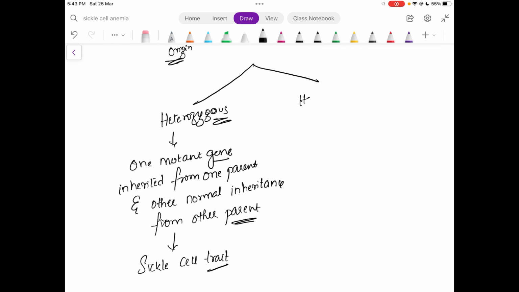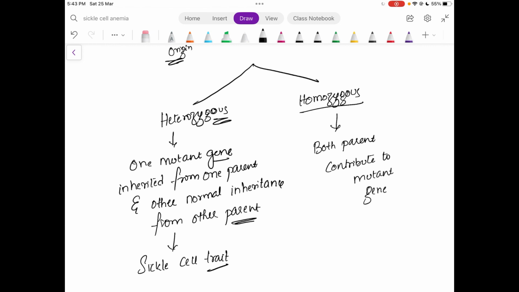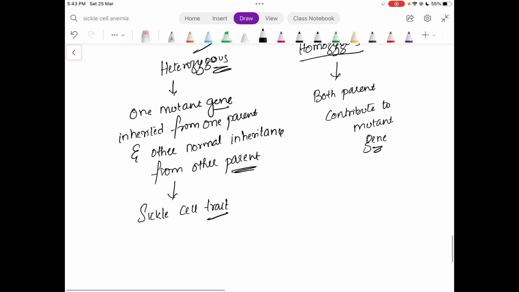But the other condition is called homozygous, in which both parents contribute a mutant gene, and this is sickle cell anemia.